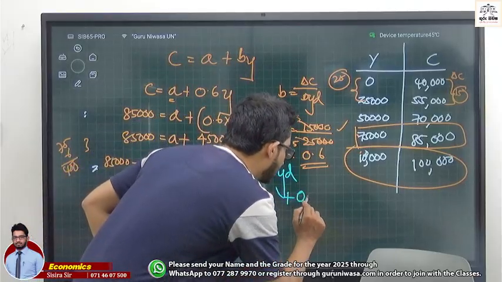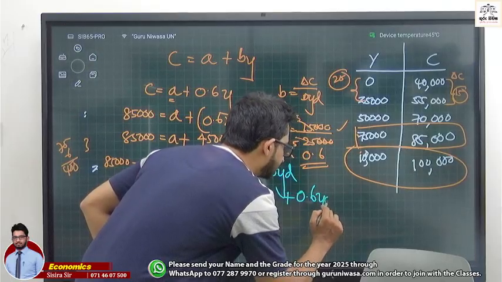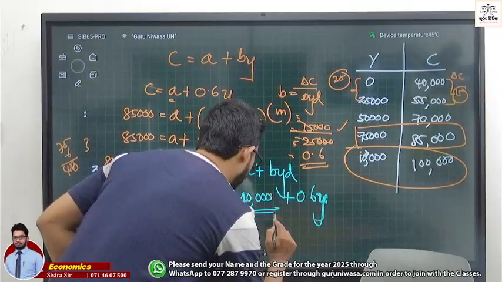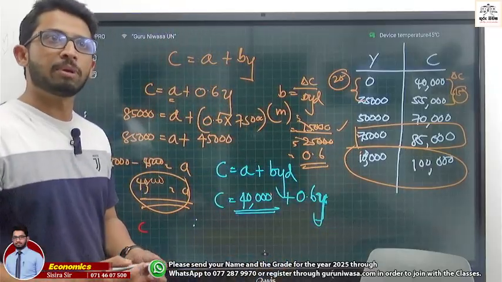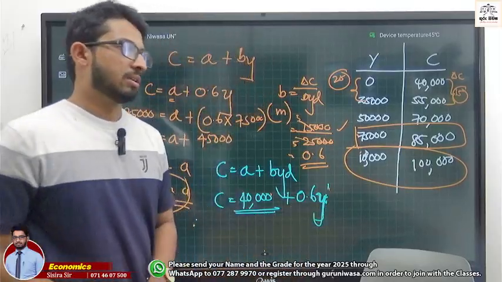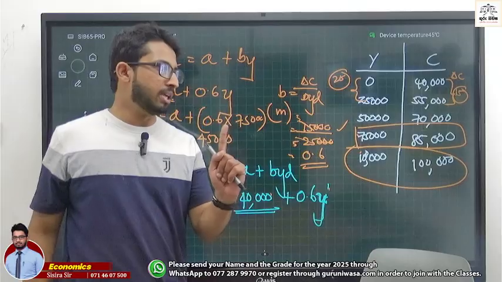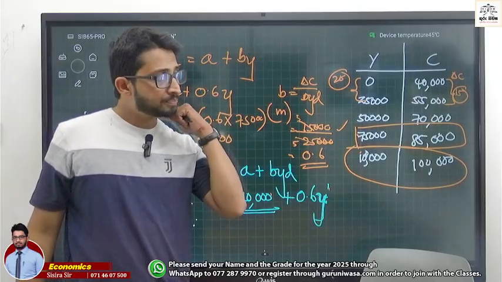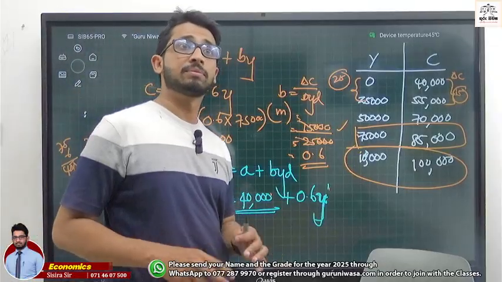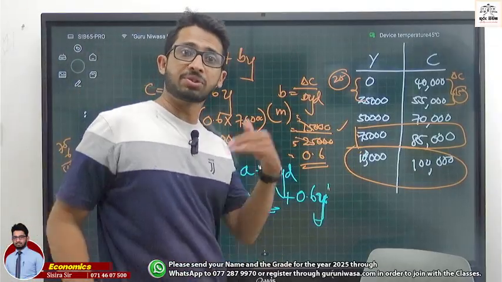How much? 0.6 Yd. Write y for now, no problem. Right? This is your equation. Look, the power here is 1. Power 1 means remember, this should be a straight line. No curve. It's a straight line.